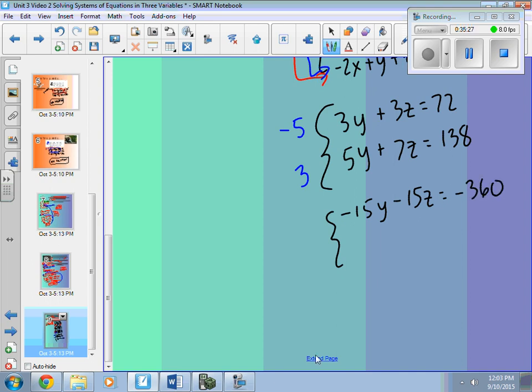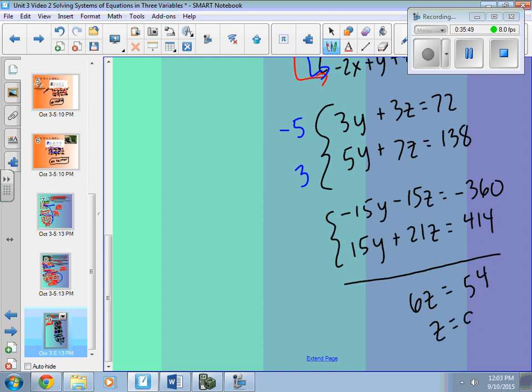And if we multiply the bottom by 3, we get 15y plus 21z equals 414. And now if we add those up, they eliminate the y's. We get 6z equals 54. And dividing through, looks like z is 9. So you made 9 3-pointers.